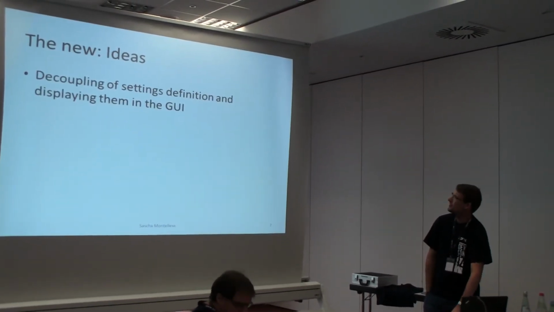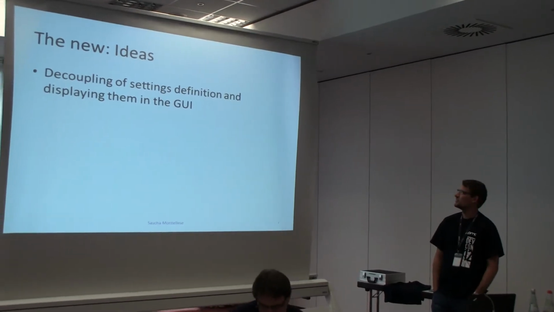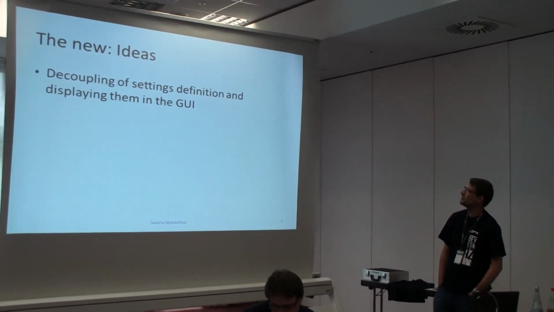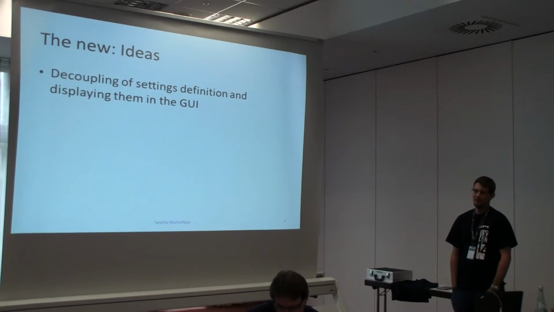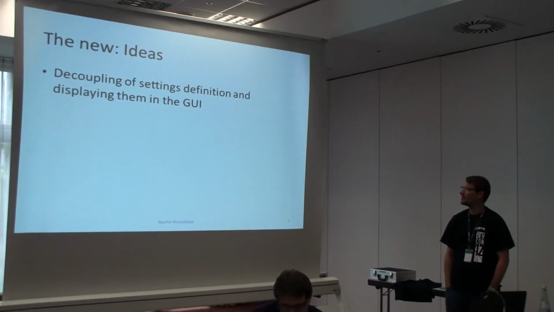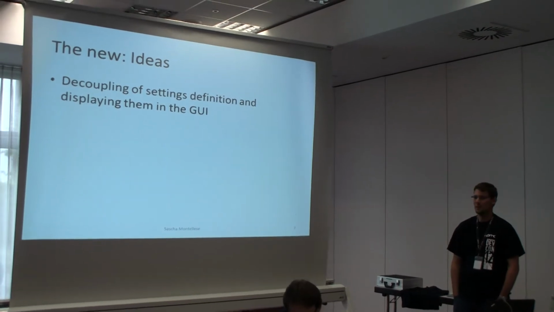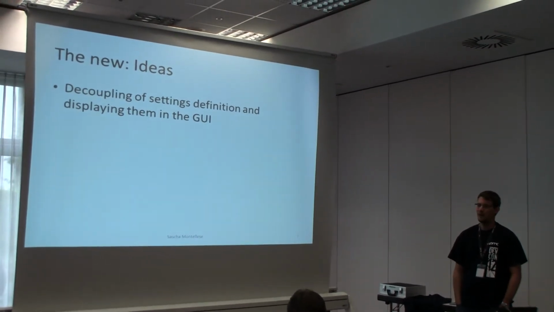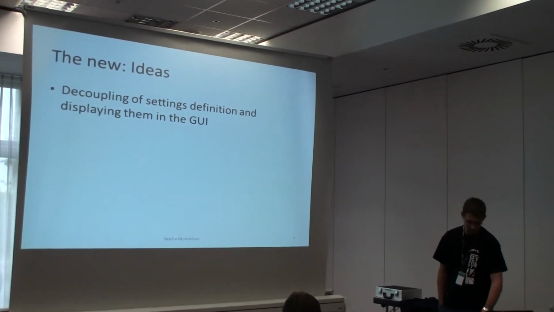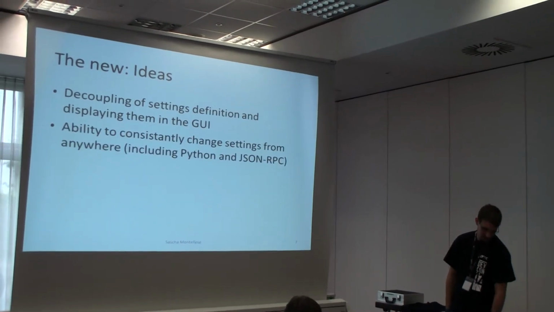Well, so some ideas for the new implementation. Actually decoupling the settings definition and the displaying of the settings, so you can change the definition without having to touch any GUI code, which wasn't possible before.